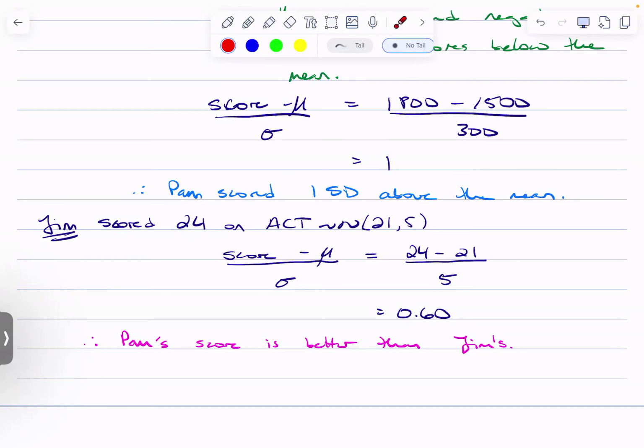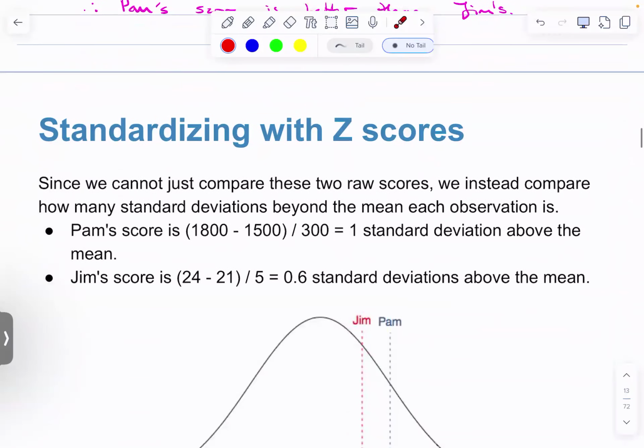And so this is what we call a Z-score. When we take the score minus mu over sigma, we could label that a Z. It's confusing because they got a score on their test, which is different from the Z scores, but not that different.